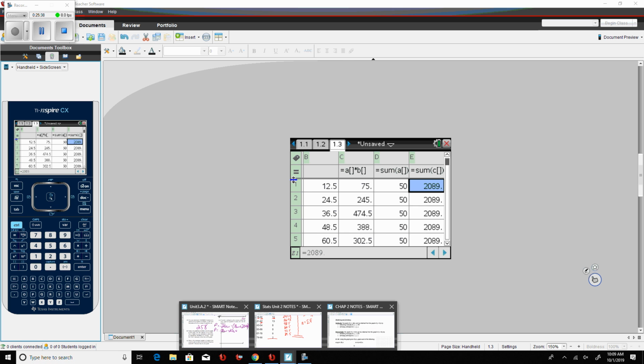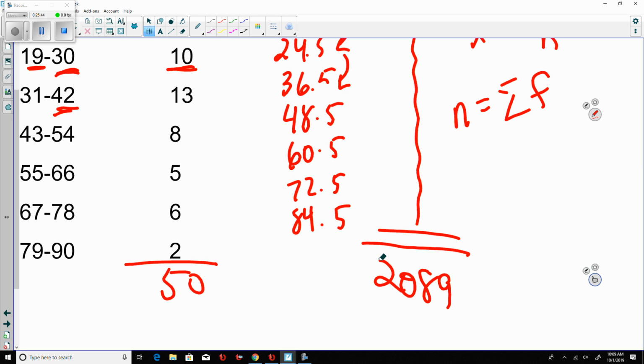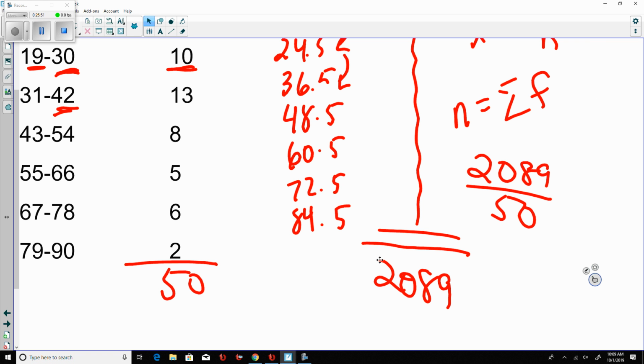So in your note packet, 2089 and 50. So then we have 2089 divided by 50. We have to find out what the mean of this frequency distribution is going to be. This is your X bar.